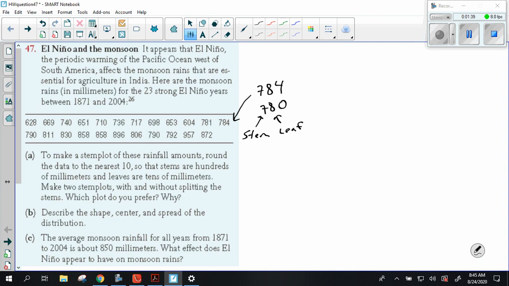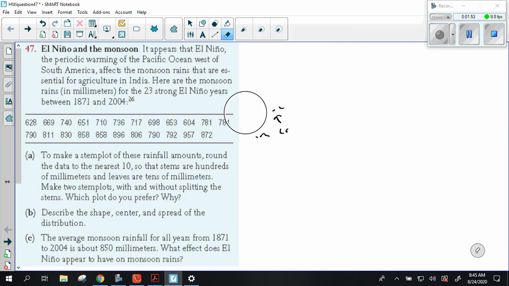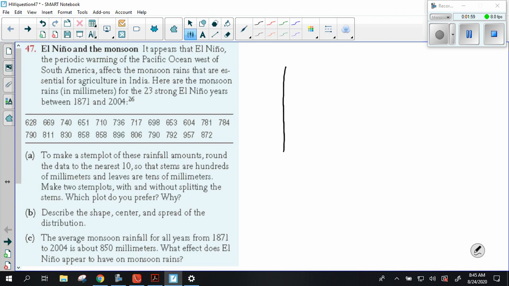I'm going to do it without rounding first. I'm going to put an answer that's not necessarily the most correct answer, but I want to show you that when you're making a stem plot, we have our stem, this column, and then our leaves, this column.